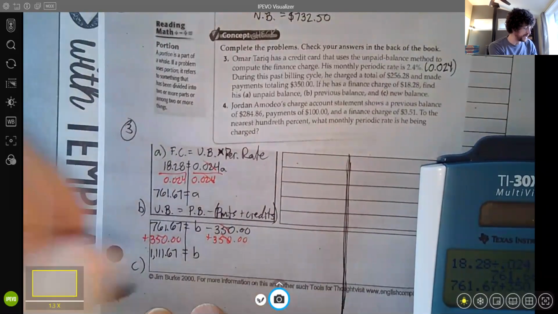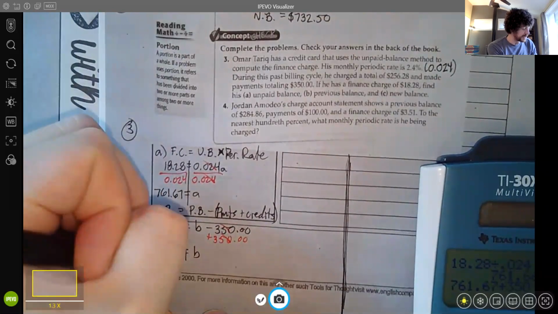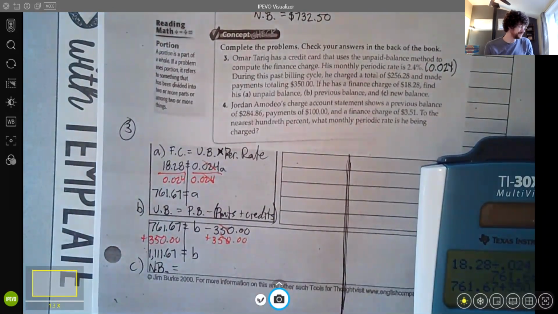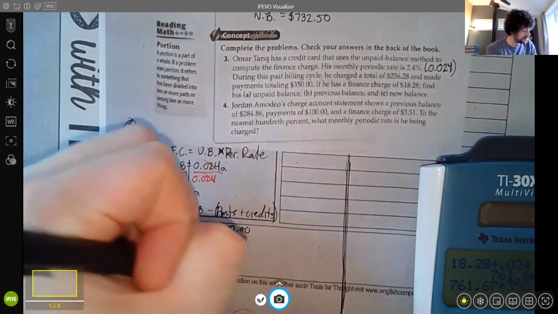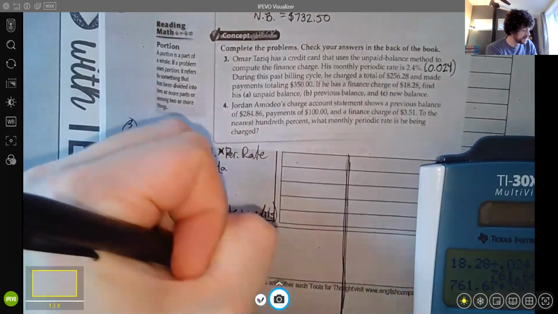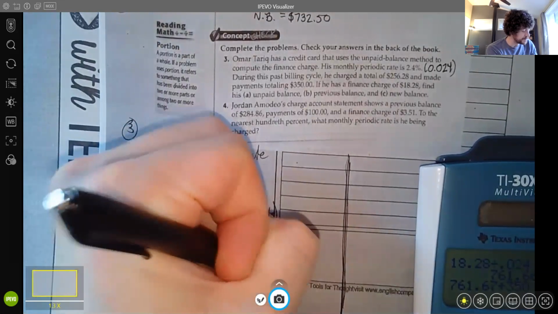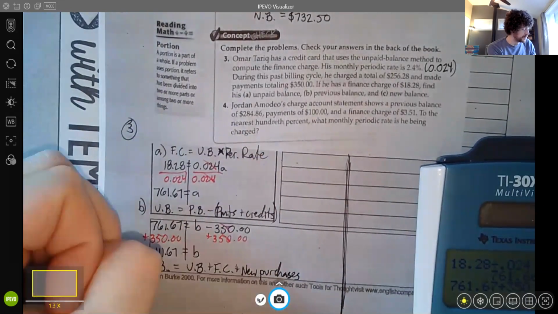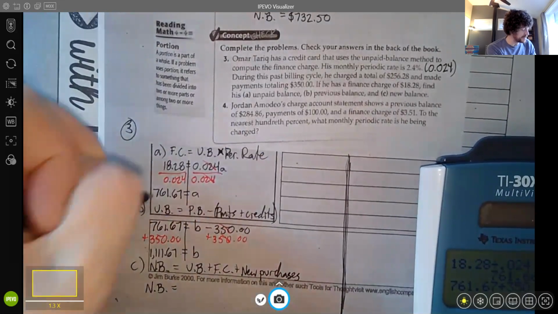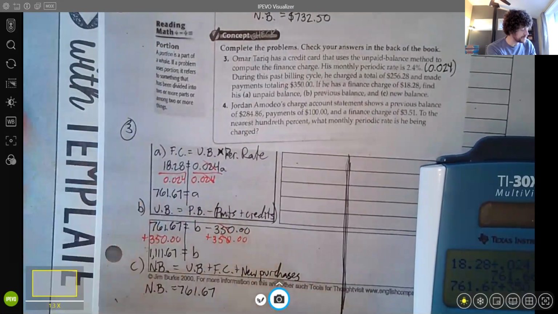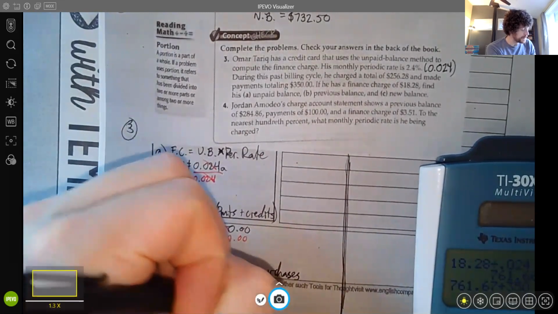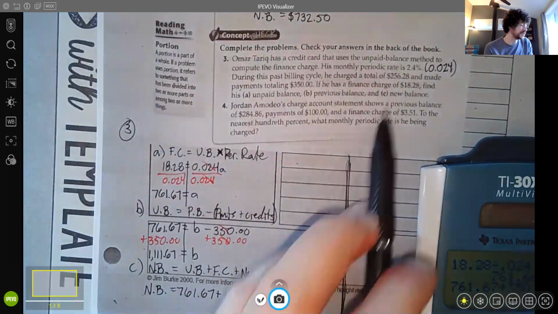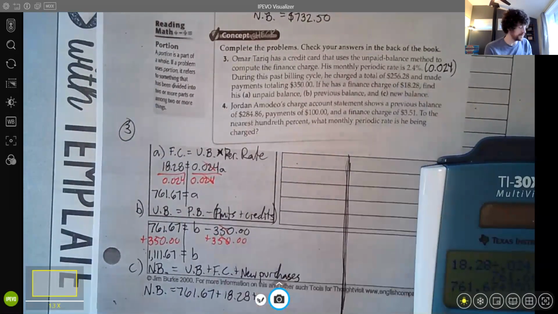And then the last part we need to figure out here is the new balance. And again, for C, the new balance, we're not going to do any kind of algebra on this one. We can just use the new balance equation, which is equal to the unpaid balance plus the finance charge plus new purchases. So new balance is going to equal unpaid balance of $761.67 plus the finance charge of $18.28 plus new purchases, which are up here, $256.28.